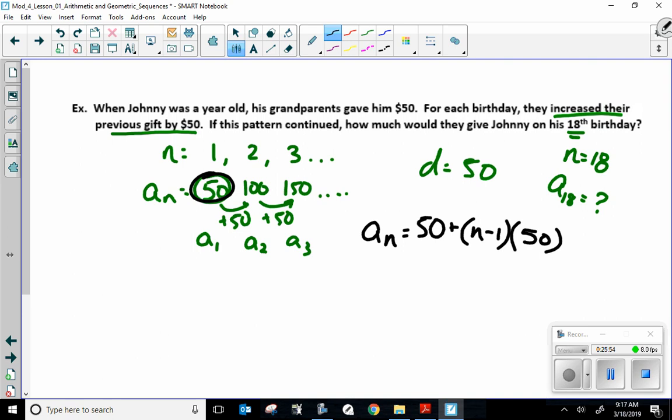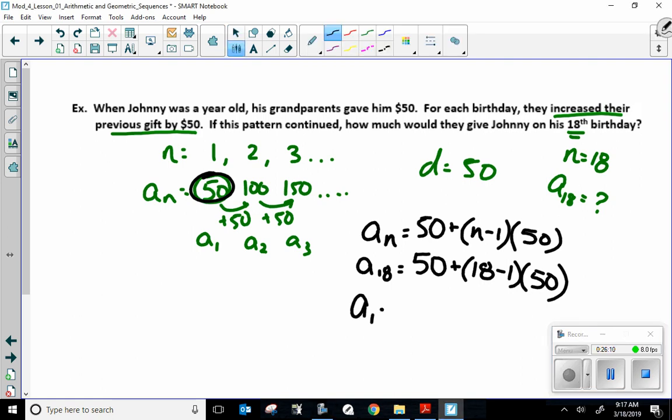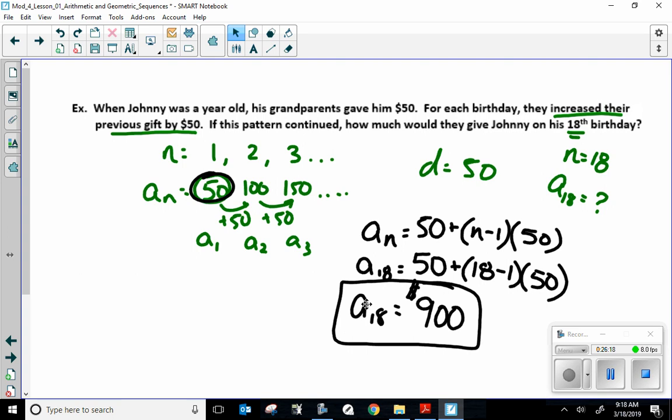We have 50 plus 18 minus 1 times 50. And for the sake of time, if you put that in a calculator, you should end up with $900. Bam. So on his 18th birthday, they're going to give the kid $900.